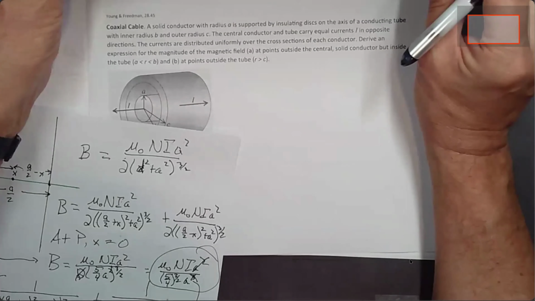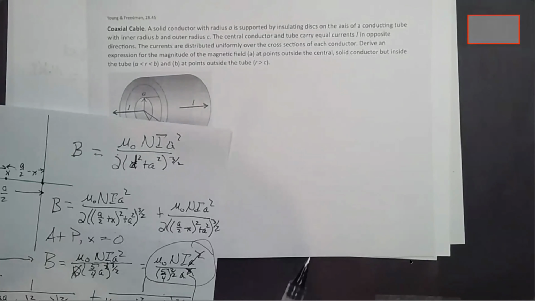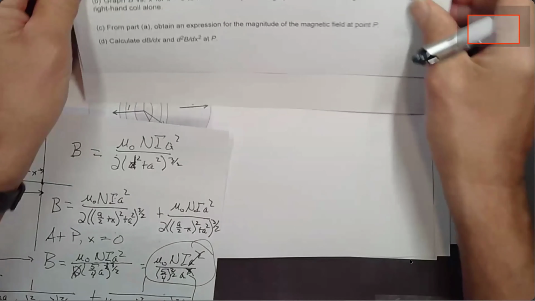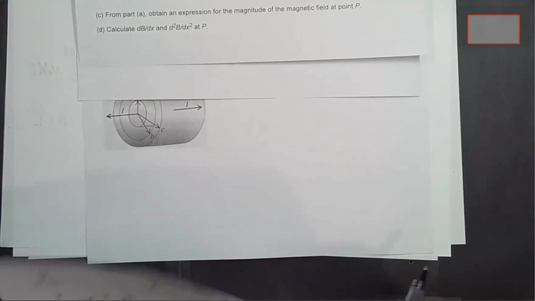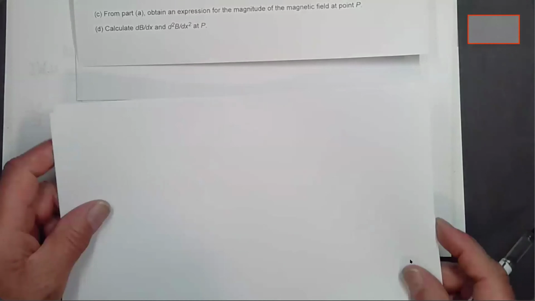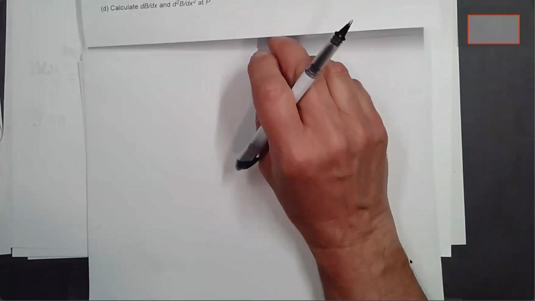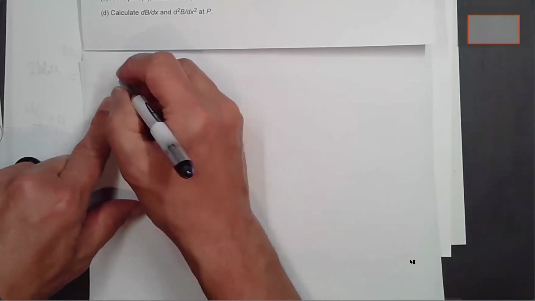Trying to fold this here. You can still see that there, and I need another sheet of white blank paper. Except I do need my expression for B here.